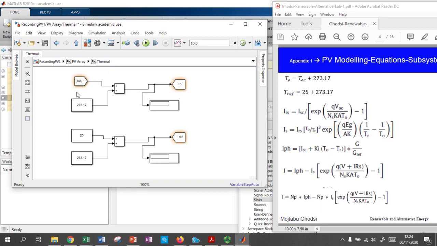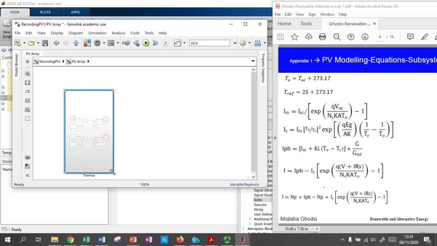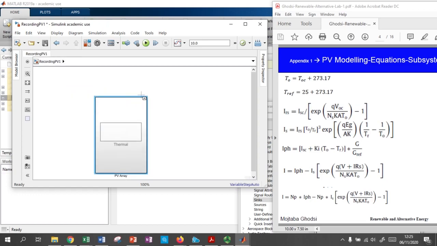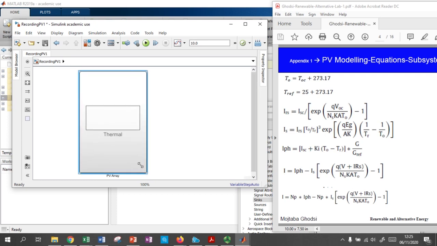Then in this subsystem, in the PV array, as you can find here, there is a thermal subsystem, and this is our PV array. In our PV array we have some subsystem related to the thermal part, which is inside of this PV array.